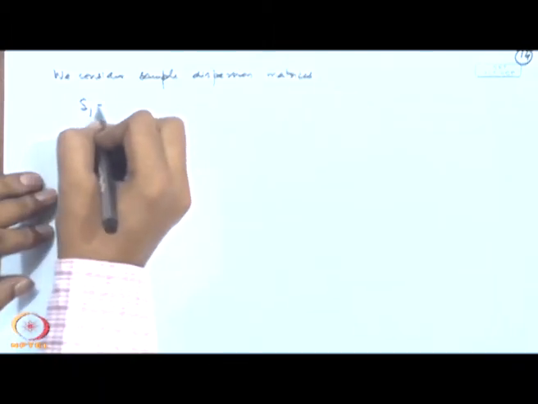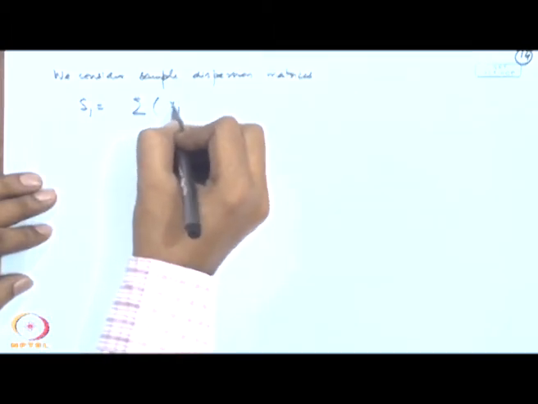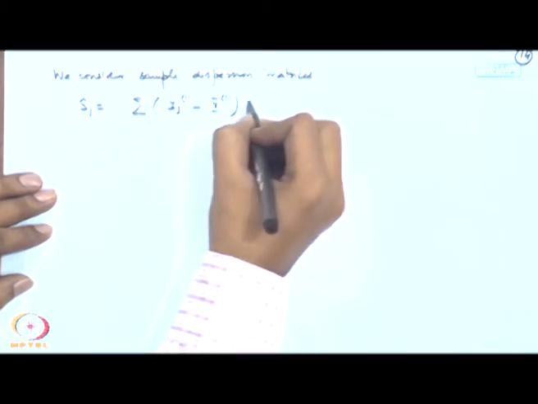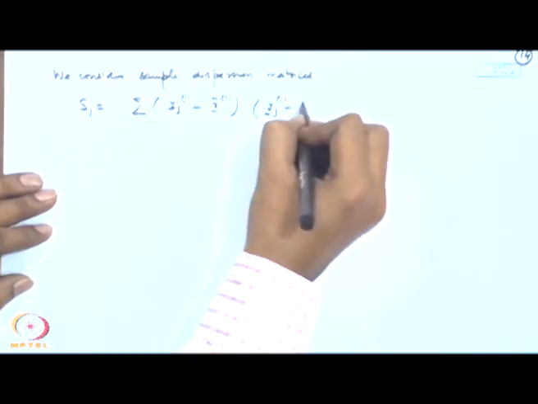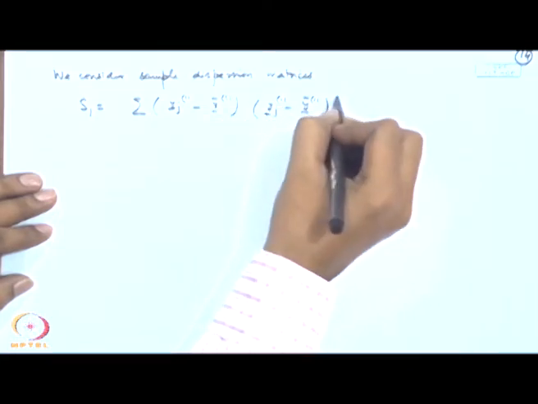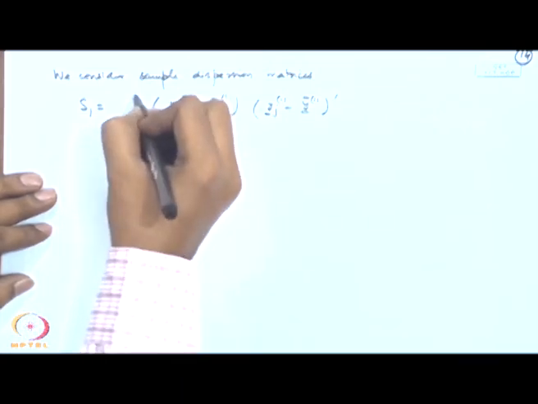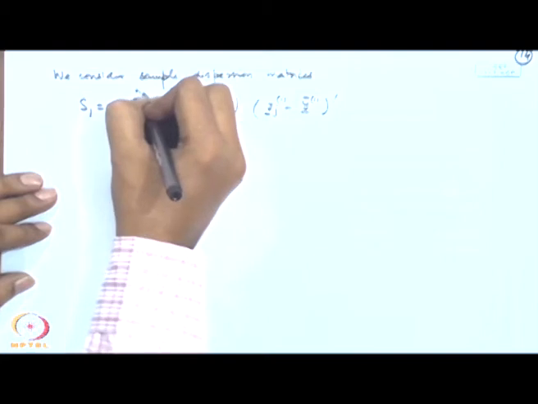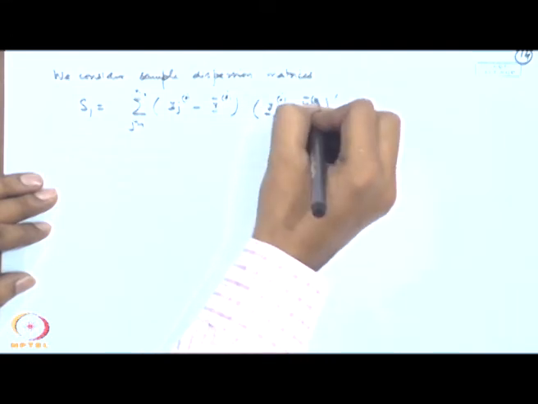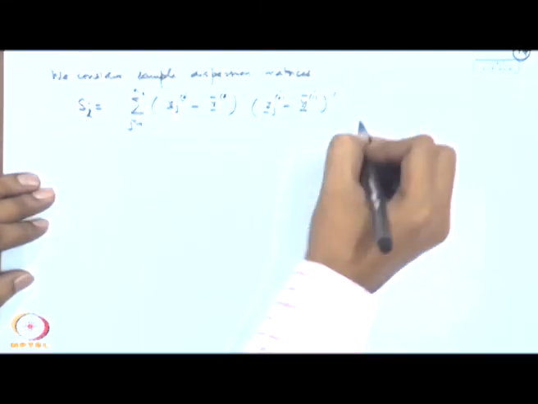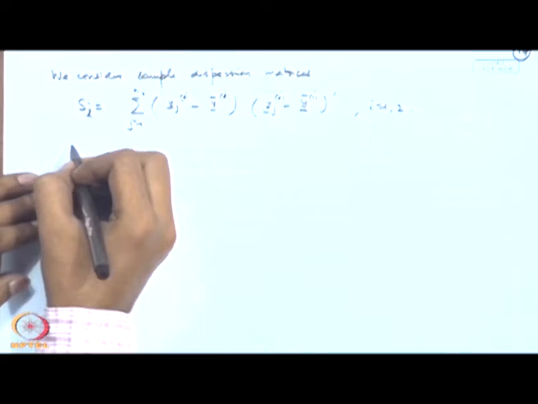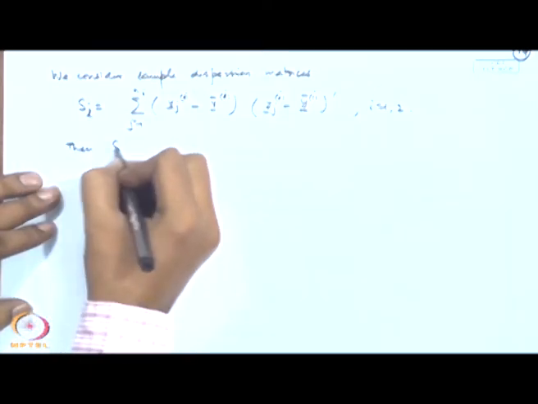So, S i is equal to the sum over j of y j i minus y bar i, times y j i minus y bar i transpose, j equal to 1 to n i, for i equal to 1, 2. And we can consider S 1 plus S 2.